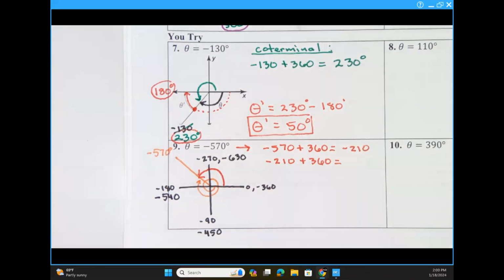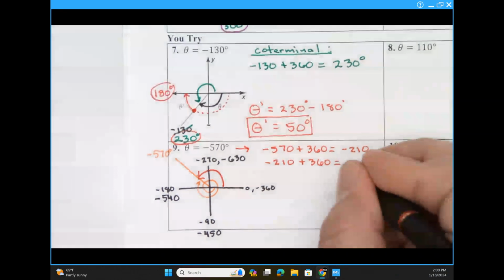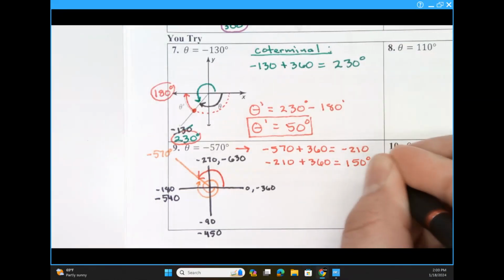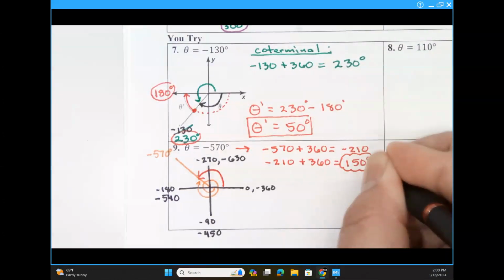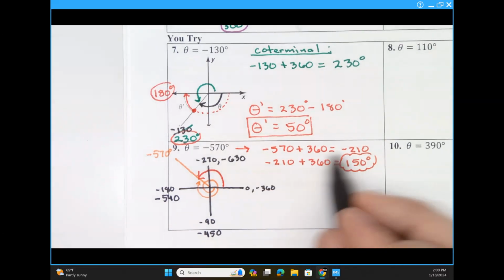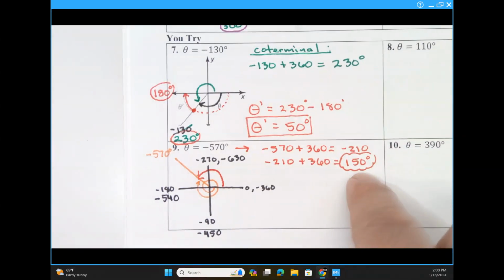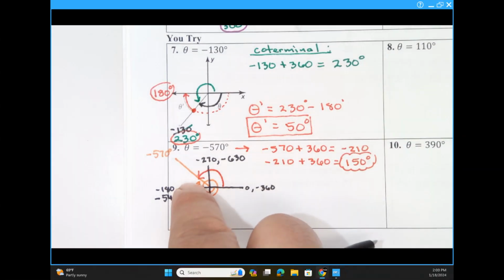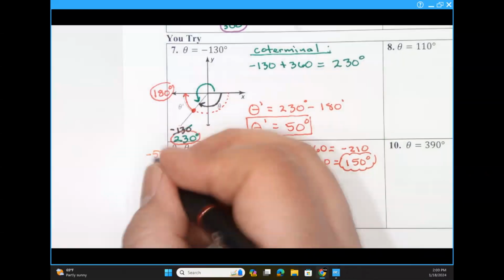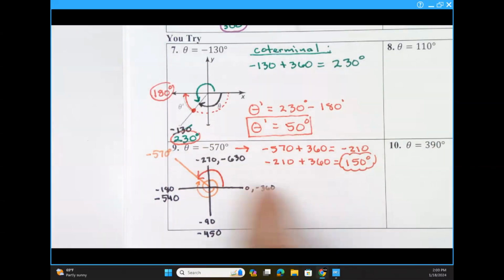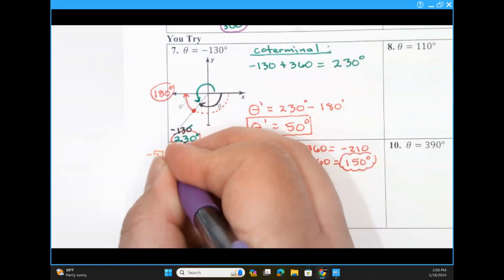I'm trying to get a positive one out of it. So when I do the math there, I get 150, and there it is. That's the one I want. Now, you could just do this first and then draw that angle. Remember, you're still going to land in the same spot. That's what coterminal means. So instead of using negative 570, I now know I'm going to call it 150.